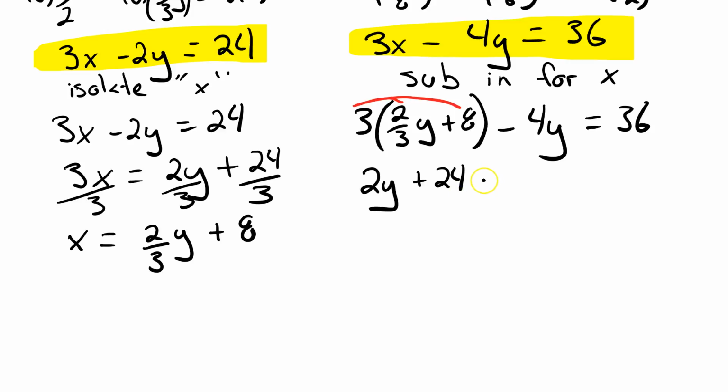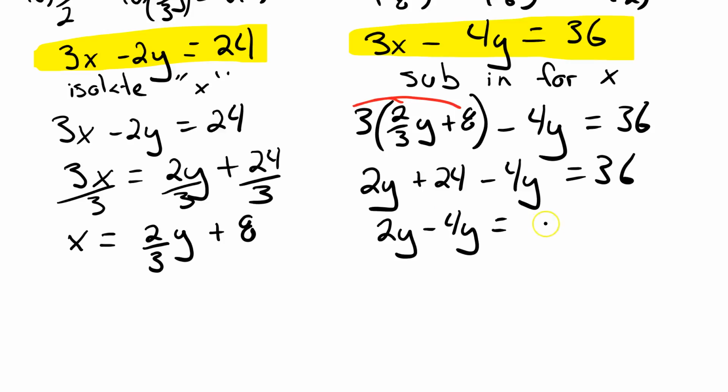And then I've got my minus 4y equals 36. So the first thing I'm going to do here is bring this 24 to the opposite side, so it's going to flip its sign. So I've got 2y minus 4y equals 36 minus 24.